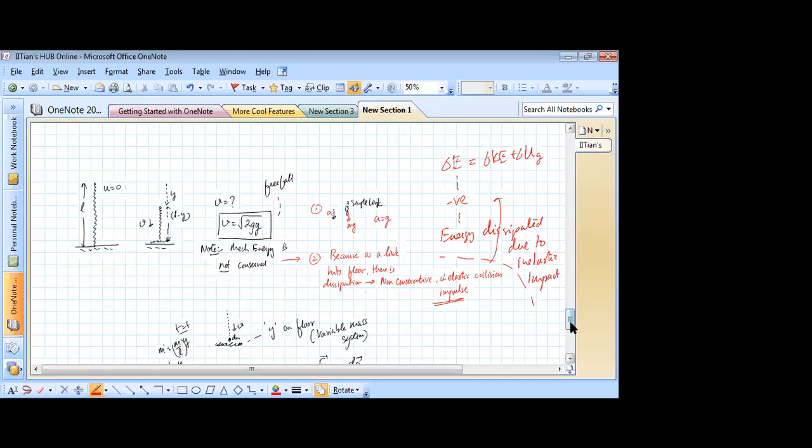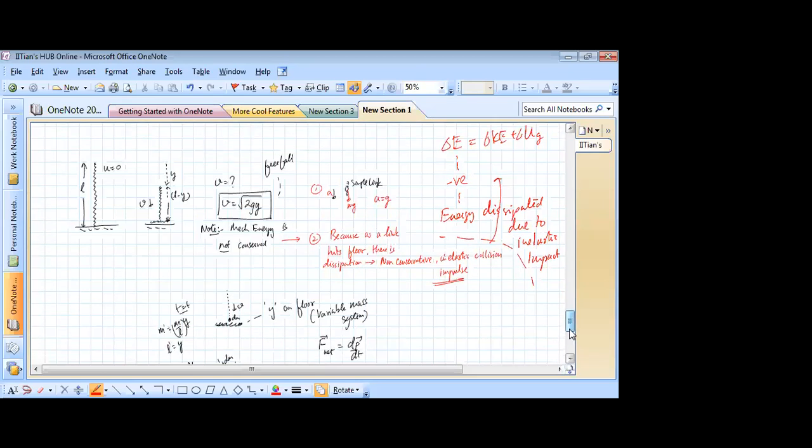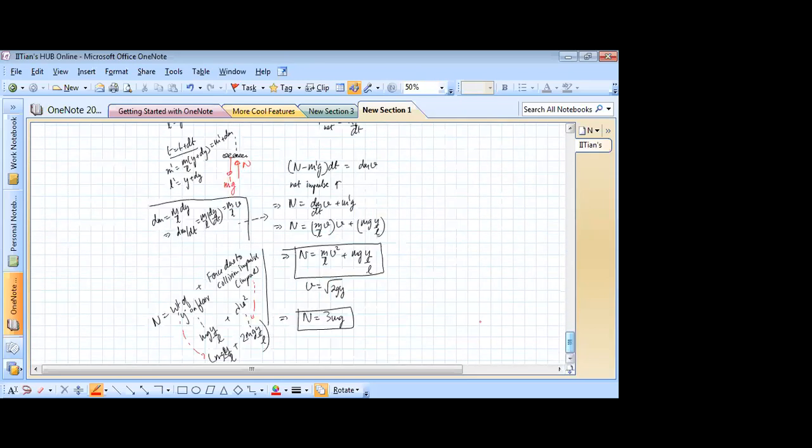So this was one type of question I wanted to discuss. Alright, so effectively the answer comes out to be this imprint 3 times. Alright, so that was this question.